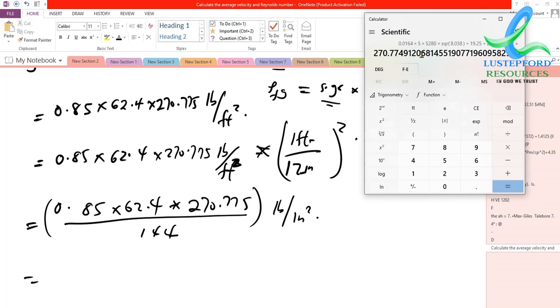Times 62.4 times 0.85, divide by 144, equal to.